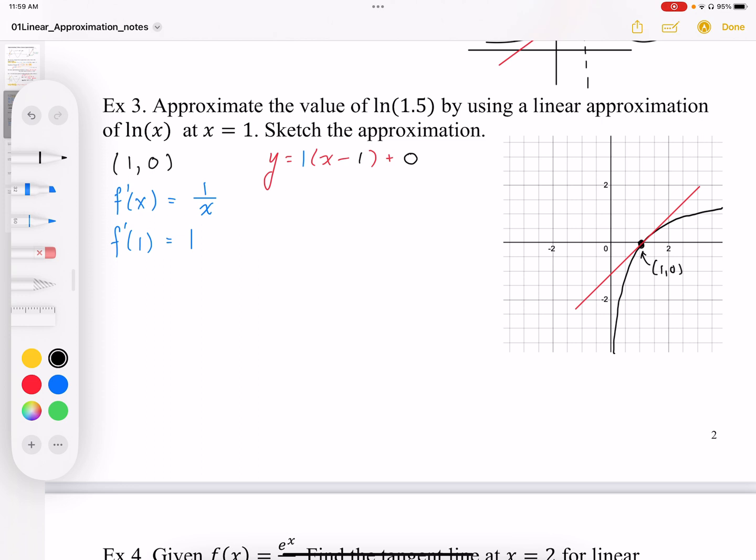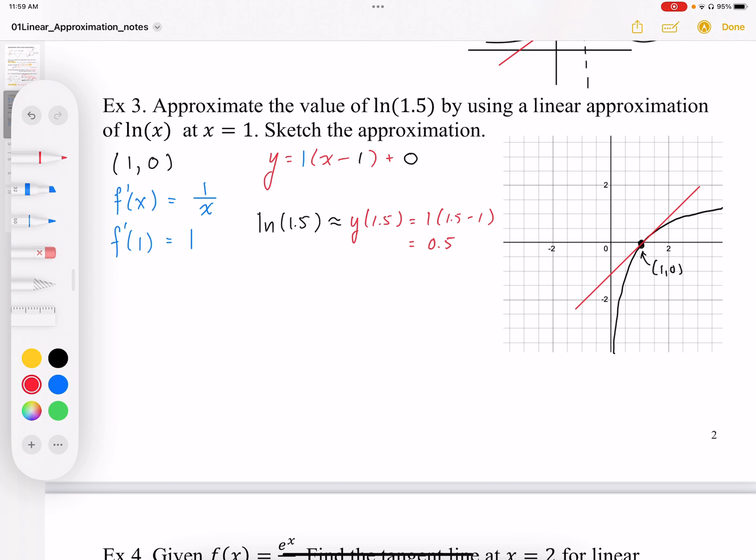Okay, so there is my linear approximation line. I'm going to say that log 1.5 can be approximated by the y value on that function at 1.5. That's going to give me 1 times (1.5 minus 1), which is equal to 0.5. So my linear approximation is 0.5.